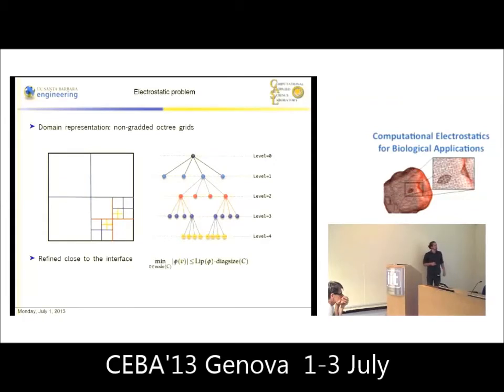So, for example, these two are graded, but here this one is 4 times smaller than this one, so this mesh is non-graded. It can appear to be a small difference, but in practice it's very interesting because it gives you much more adaptivity and mesh generation freedom. Also, checking that your mesh is graded, or even making a graded mesh, can be highly computationally expensive.